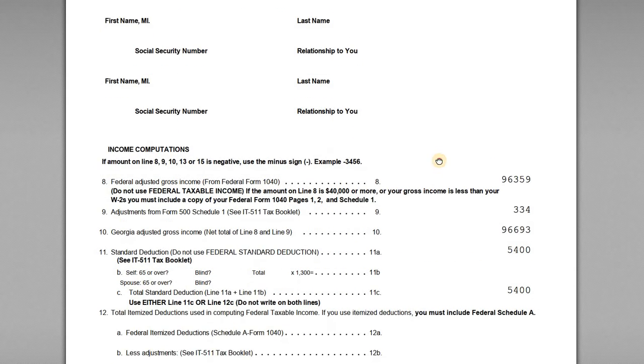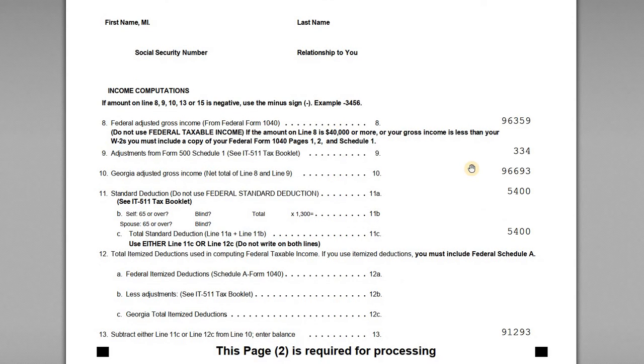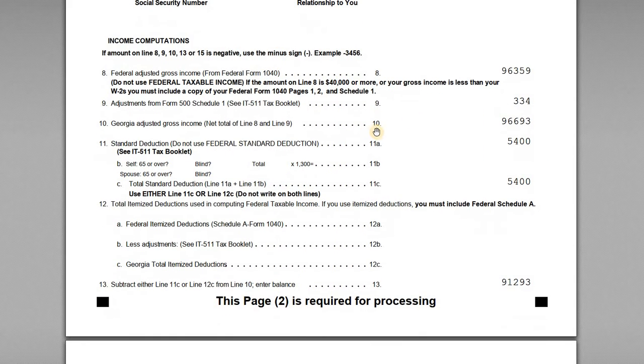All right, and then once we have the net amount, the net amount is an increase of $334, right? An increase by the Florida municipal interest, a decrease of $75 by the treasury interest, and so the net amount is an increase to income of $334. So we've got our Georgia AGI here on line 10, $96,693.